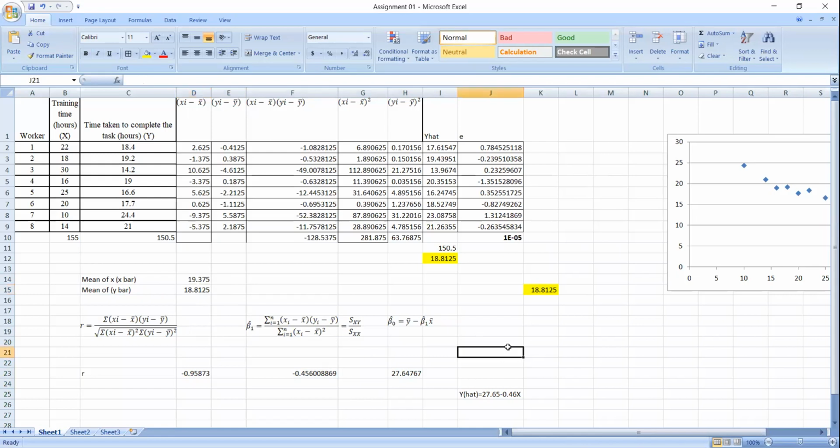So the equation is this. Let's check. I'm going to substitute the x bar value into the equation. So our beta naught value is this, plus our beta 1 value is this, and I substitute the x bar value. So you can see it's 18.8125.